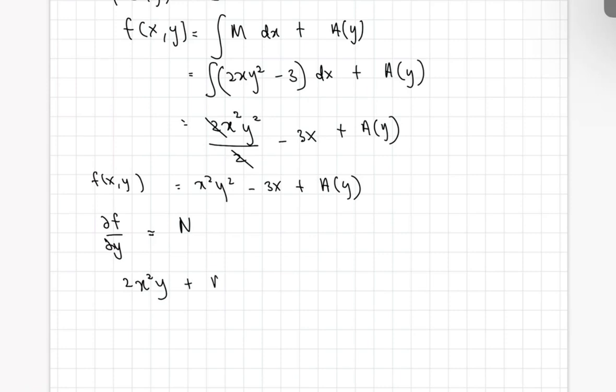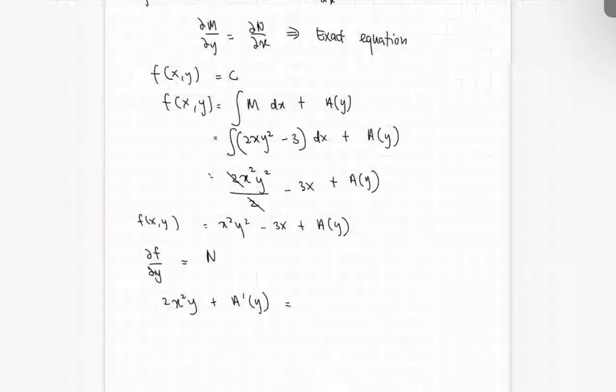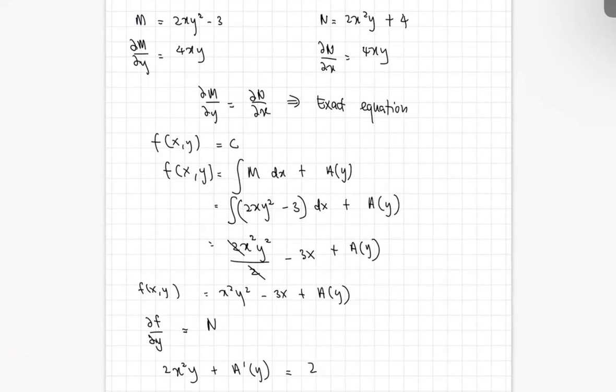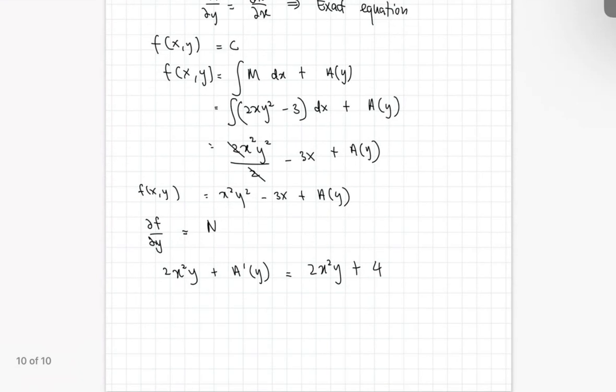So plus a prime y. And this is equal to N. Our N is 2x squared y plus 4. So compare this one: we have 2x squared y, 2x squared y. So a prime y is 4.